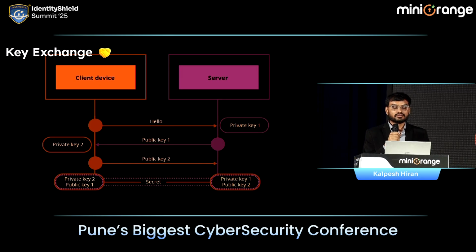Now only the server can decrypt the traffic, and even if an attacker gets access to the public key and the encrypted data, it does not matter. The attacker can't decrypt it, because the only keys transferred in the handshake were public keys. The private key was with the generating entity only.